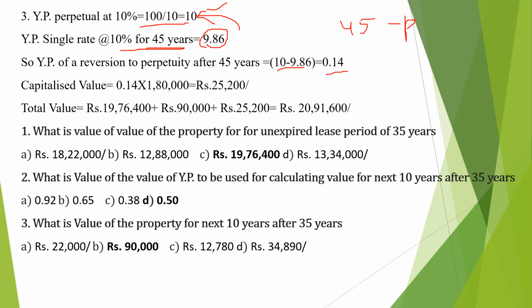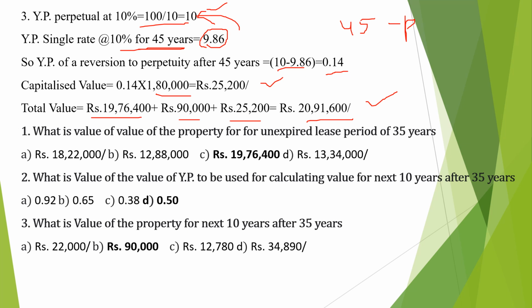So the capitalized value will be 0.14 into 1,80,000, which is 25,200. So the total value is 19,76,400 plus 90,000 plus 25,200. So the total value comes out to be 20,91,600. So we will be discussing certain MCQs based upon this question from the calculations which we have already done.